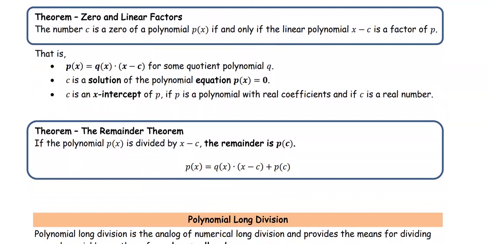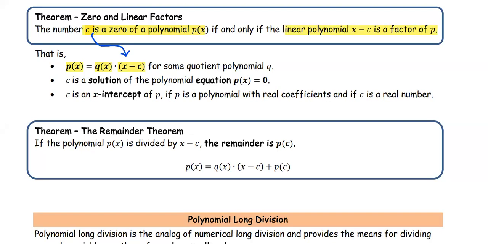Next theorem, the zero and linear factors. The number c is a zero of the polynomial p(x) if and only if the linear polynomial x minus c is a factor of p. Or we can see the relationship as the polynomial p(x) equals the quotient times the factor x minus c, for some quotient polynomial q.